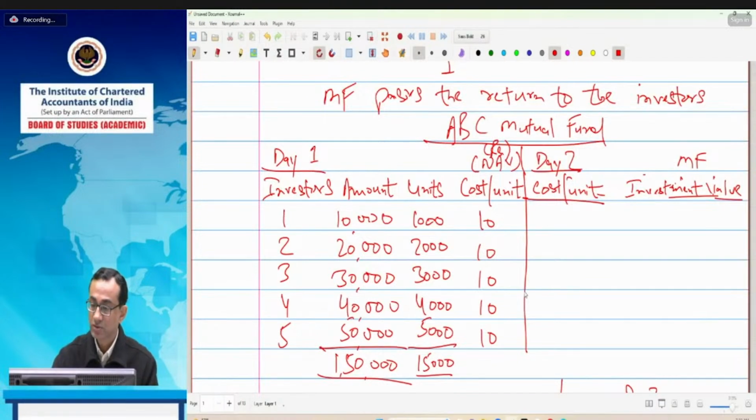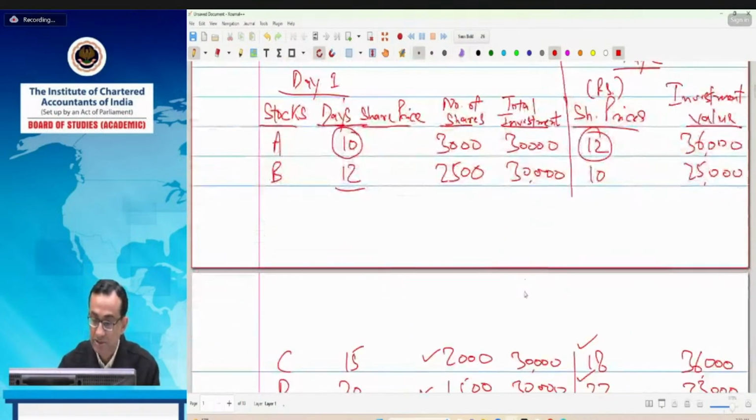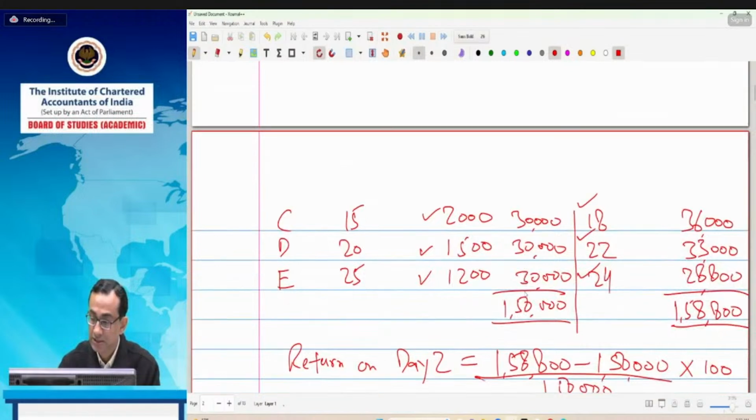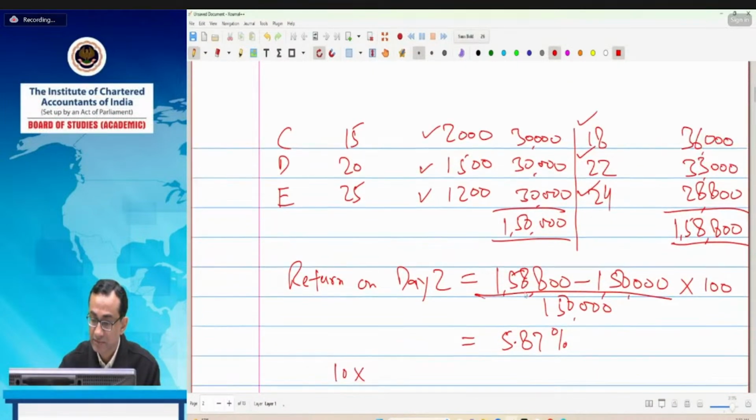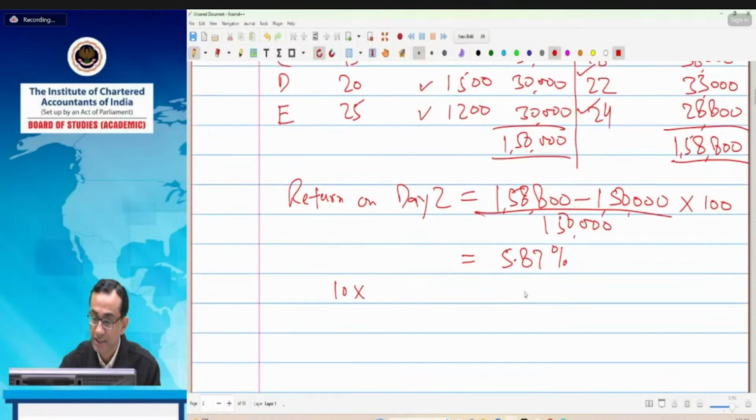So what is the cost per unit on day 2 of the mutual fund? It will be in proportion to the share price increase. What is the percentage increase in the value? It is 5.87. So it will be reflected on the mutual fund units also.